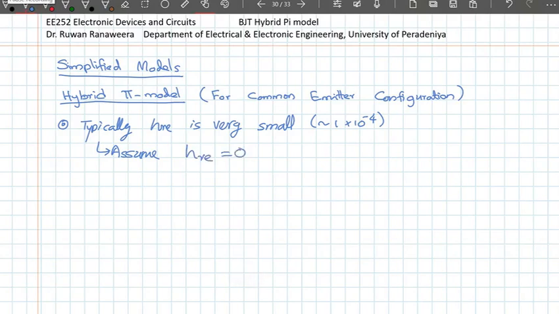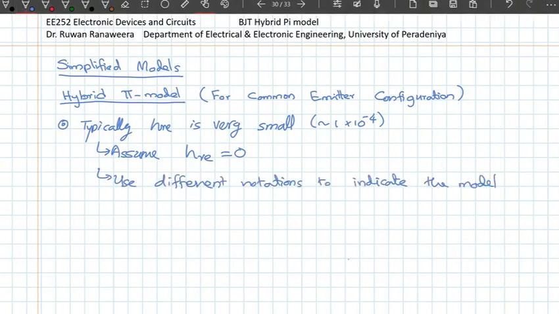Okay, with this assumption we can simplify the previous model of 4 parameters into 3 parameters, and we use a different notation to indicate this new model. Earlier we called the input impedance HIE, but now we call it R pi.